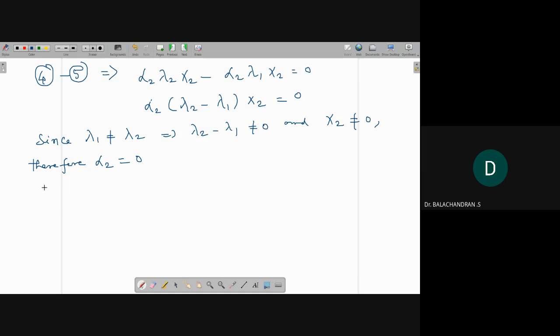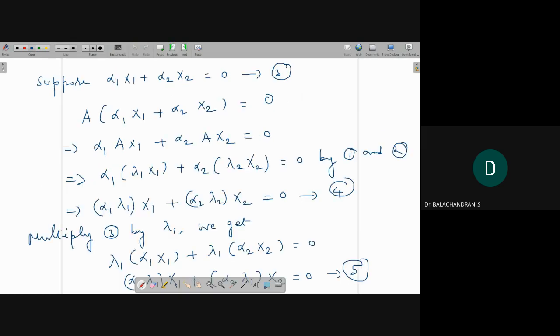Substitute alpha 2 equal to 0 in equation 3. Then you get alpha 1 x1 equal to 0, and we know that x1 is not equal to 0.